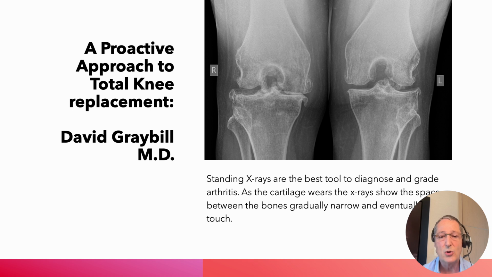And we can see there's no joint space remaining. So that would be advanced arthritis. Again, once we get to this level of disease, non-surgical treatment becomes less effective, but sometimes can still be helpful. And over time, if you follow the knee on the left, it will eventually become like the knee on the right over some time frame.